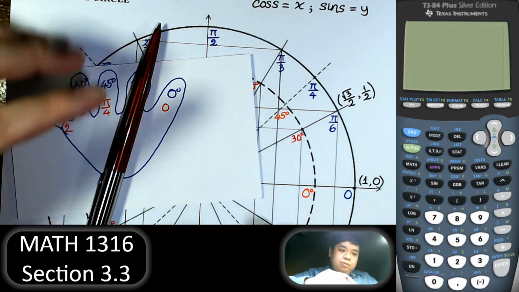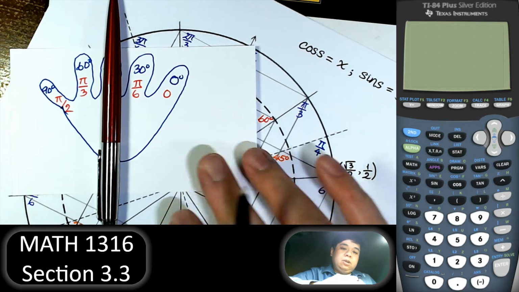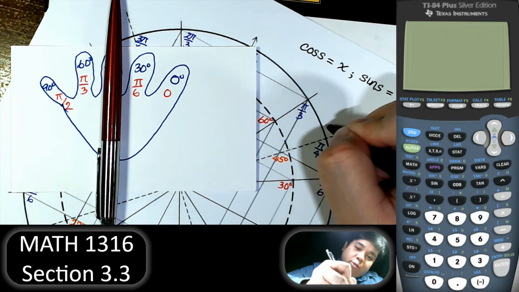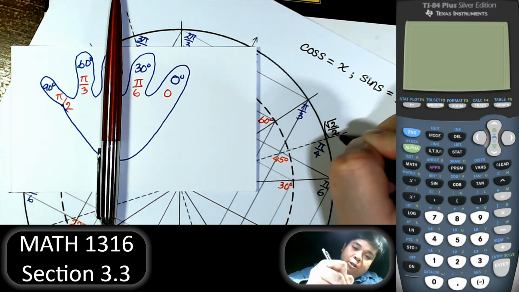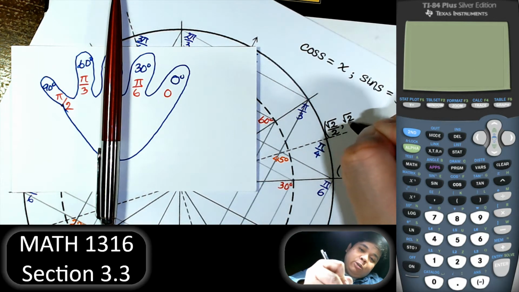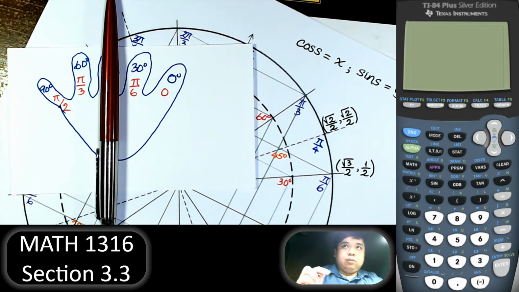Right. 45 degrees or pi over 4. 2 fingers on the left, so we have square root of 2 over 2. And then 2 fingers on the right, square root of 2 over 2, for this point.